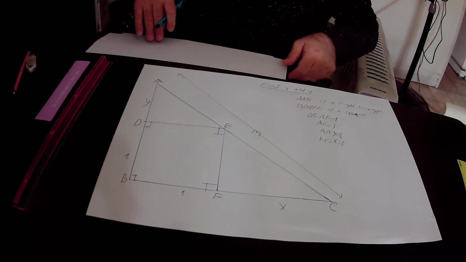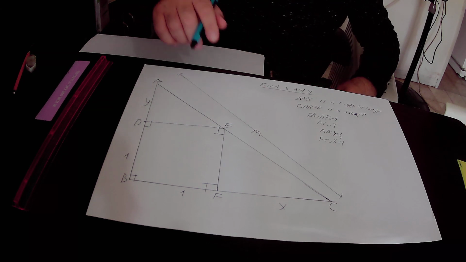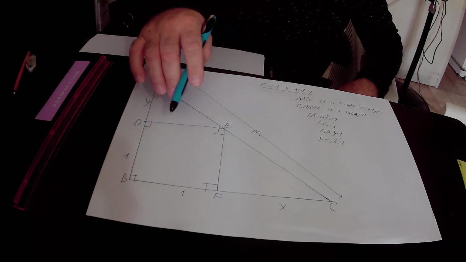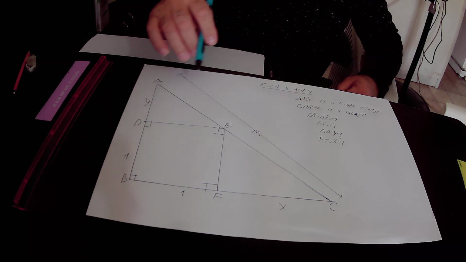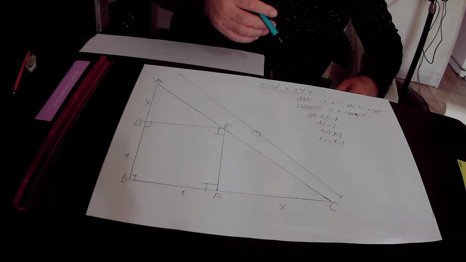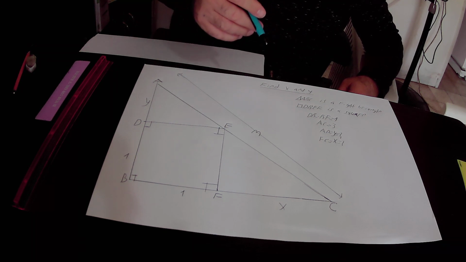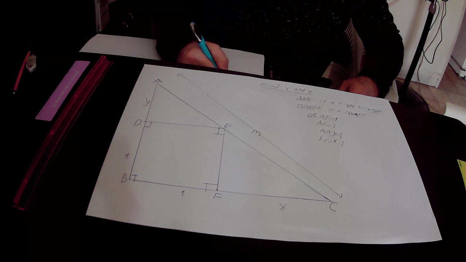But we also know that BC is one side of the right triangle ABC. So BC is a side of a triangle, it is absolutely a straight line.